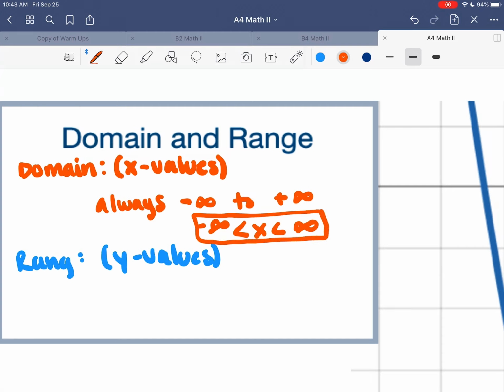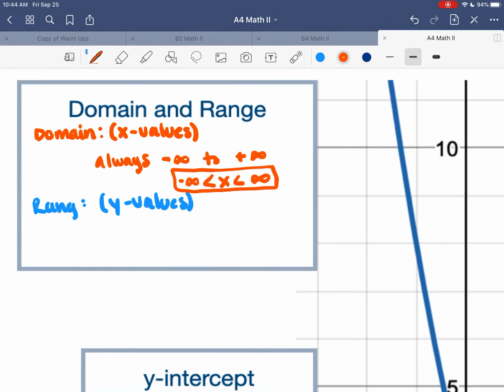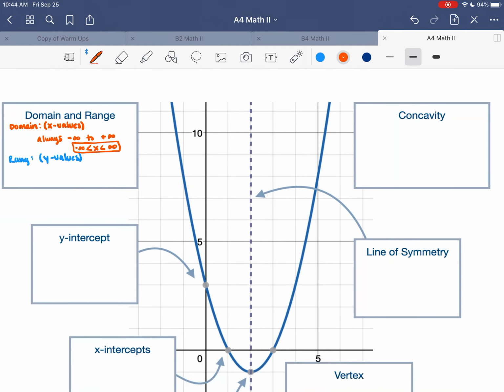All that means is that x is just in between negative infinity and positive infinity, which truly is not really a boundary, right? It can go anywhere, but it's just a way to write that the x values go from negative infinity to positive infinity.